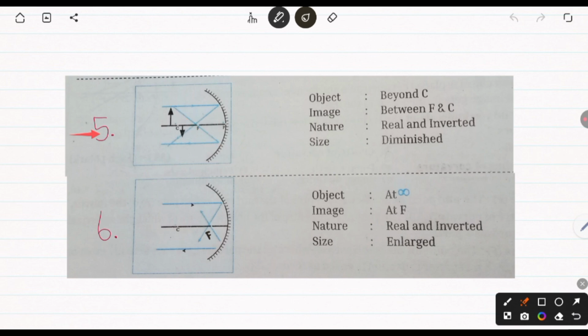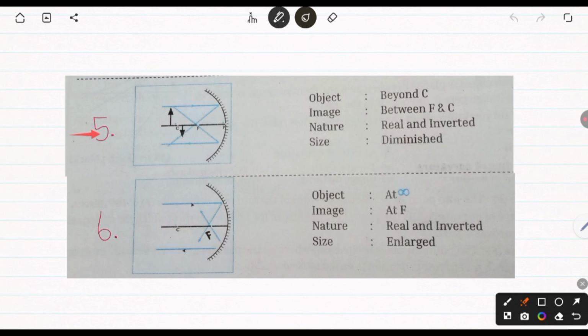So here our image is formed between F and C, between the focus and the center of curvature, and the nature will be real and inverted and the size will be diminished.